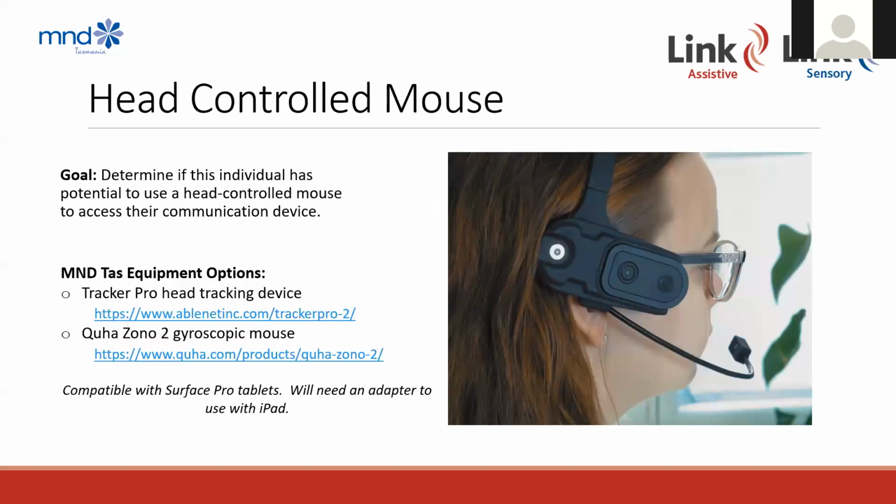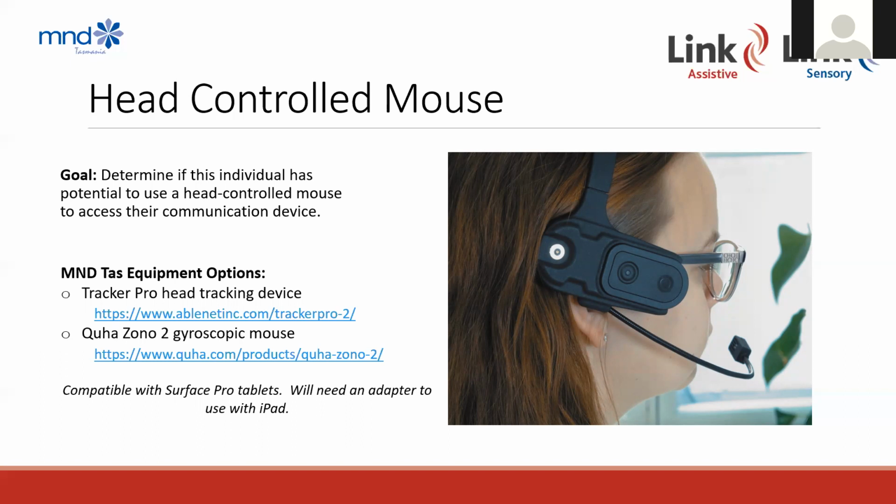The next option, though, is a head-controlled mouse. For somebody to accurately use a head-controlled mouse, we want to see that they've got reasonably strong postural control, that they're able to keep their head upright with minimal effort, and that they are able to make some quite controlled movements with their head reliably, consistently, and again over time, because that slow controlled head movement is what's going to be read by the devices accessing the computer.